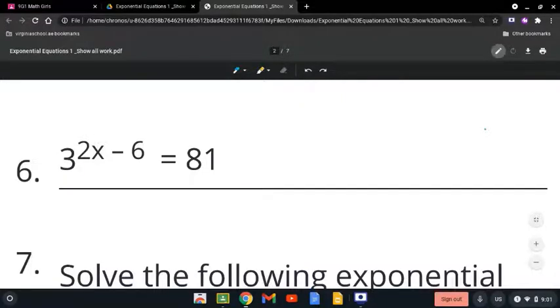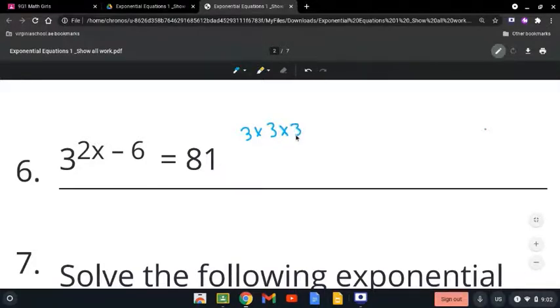So 3 times 3 is 9, right? And then times 3 is 27. And then you're just going to keep going until you get the number 81. So let's just begin with 3 times 3, which is 9. And then you're just going to keep multiplying by 3 until you get 81.